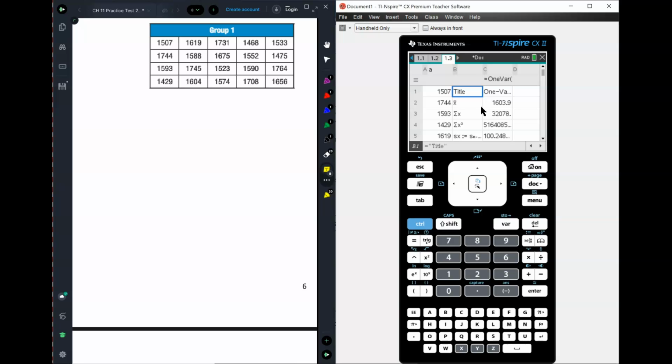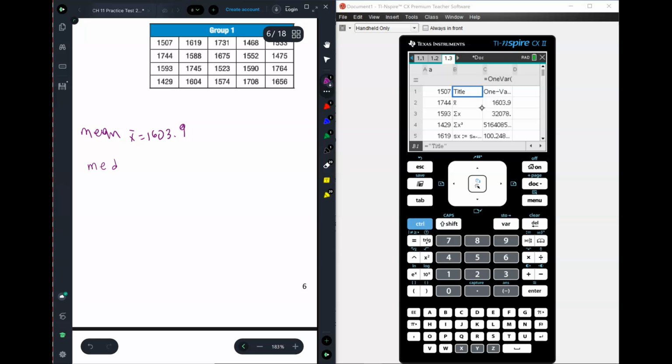Okay, so look, what we're going to take from here is this. The mean, what's the mean? x̄ is 1603.9. What's the median? Scroll down. Median is 1591.5.